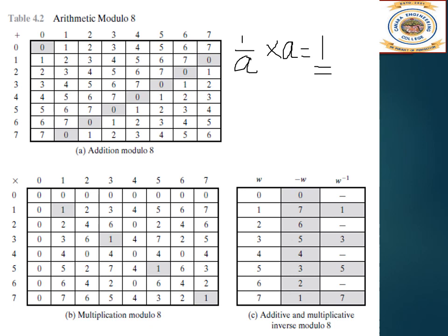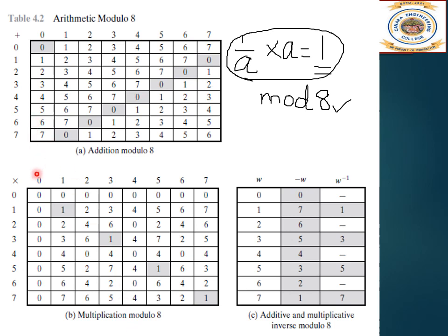Instead, it is mod. Remember that we are dealing with mod, it is not the simple operation. Mod 8 we are doing here. So for the multiplicative inverse, we have to see the mod, look at the element and the corresponding entries to find where we get the entry 1.